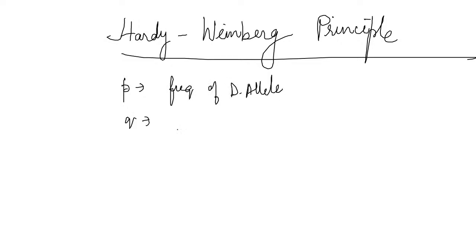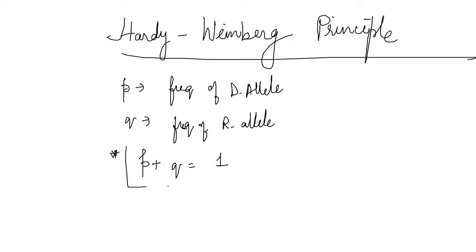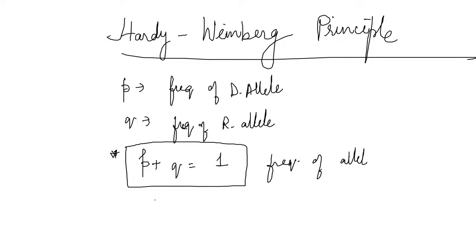And Q is denoted as the frequency of the recessive allele. And as we said, 0.6 plus 0.4 equals 1, so P plus Q equals 1, which is the frequency of alleles. This was calculated as the frequency of alleles. This is totally an indirect calculation. This has no real existence, but it matches with the real existence. That's why the Hardy-Weinberg hypothesis has got a place in our study.